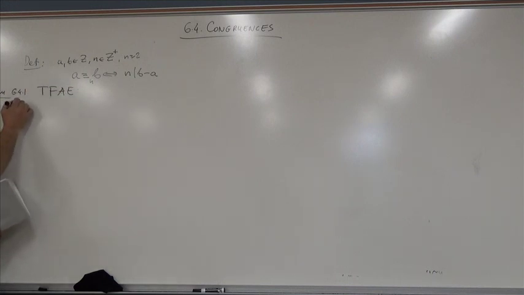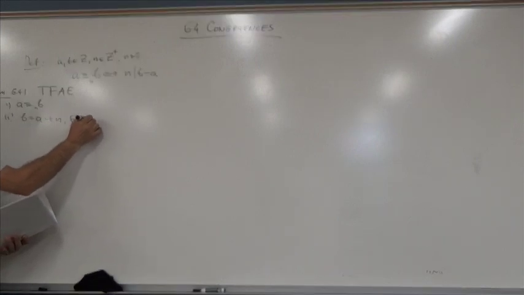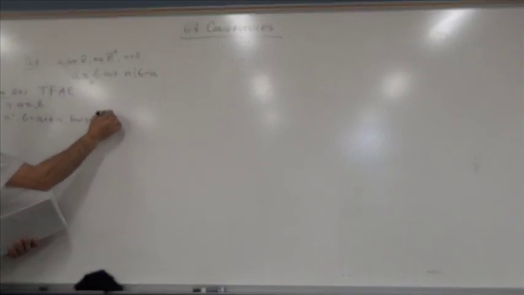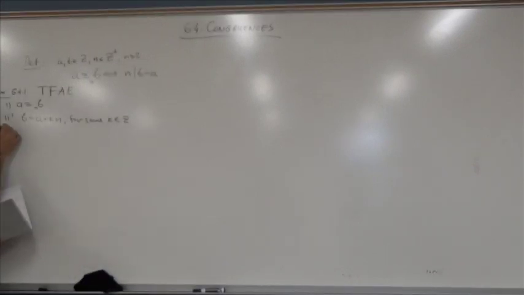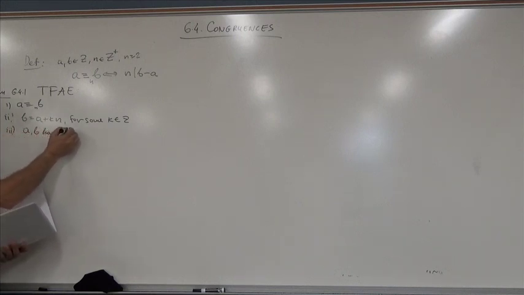Number 1: A is congruent with B modulo n. Number 2: B equals A plus Kn for some K in Z. And number 3: A and B have the same remainder modulo n.